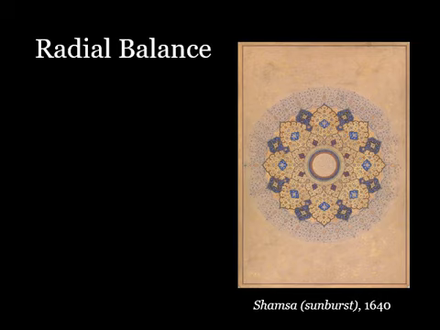Our last example of balance is radial balance. And this is when all elements revolve around a central point. So here we have an album, an illuminated manuscript that was created for the Shah Jahan. And notice that everything is pivoting from this central point.